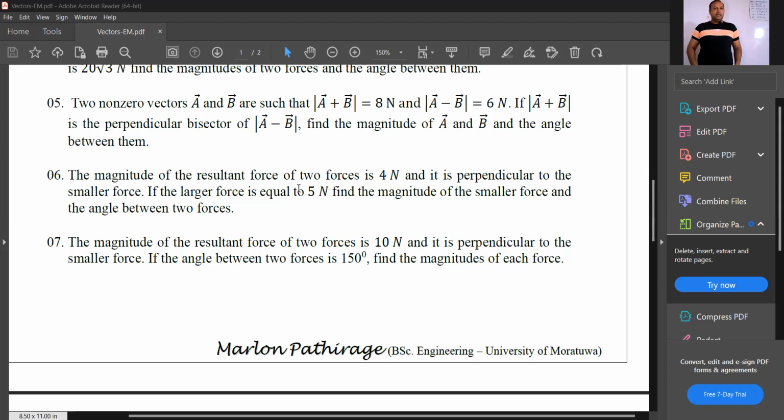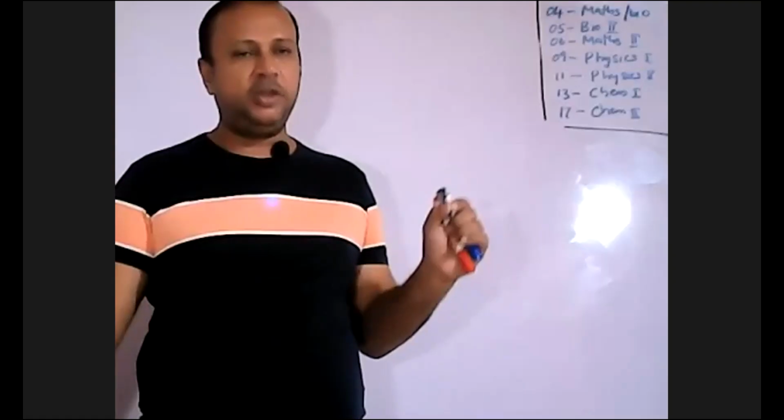Because it clearly says one diagonal is the perpendicular bisector of the other, and the two diagonals have two different sizes. Therefore, definitely it should be a rhombus.